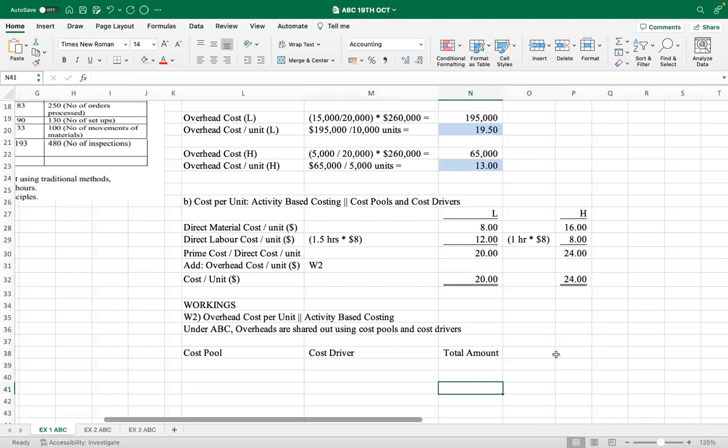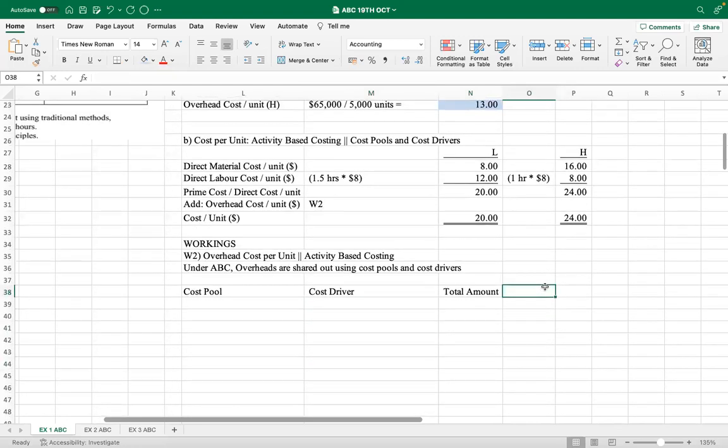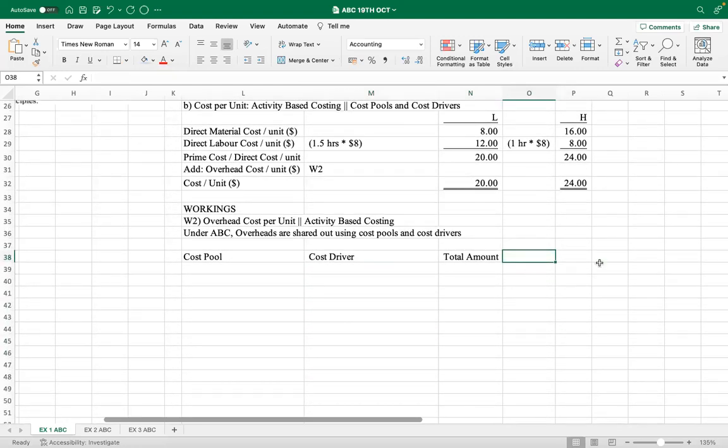And we'll have product L and product H. So that is what we will have in order to answer the question well.